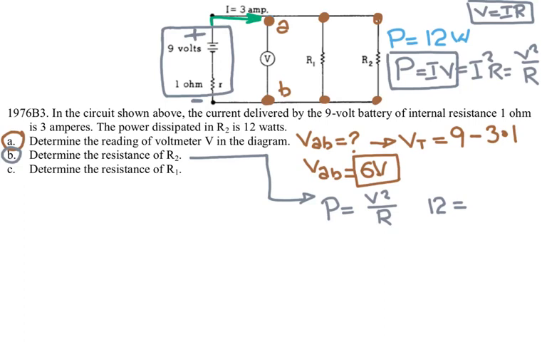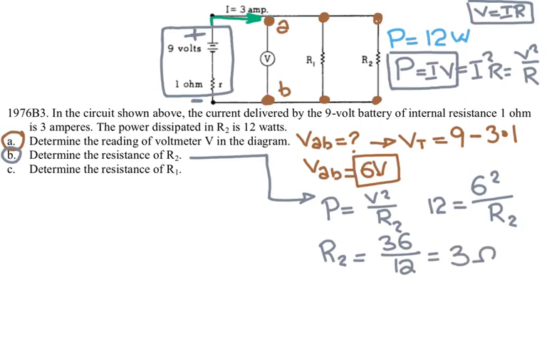So V squared is VAB, which is 6, so 6 squared over R2. R2 is equal to 36 divided by 12, which gives me 3 ohms. So R2 is a 3 ohm resistor.